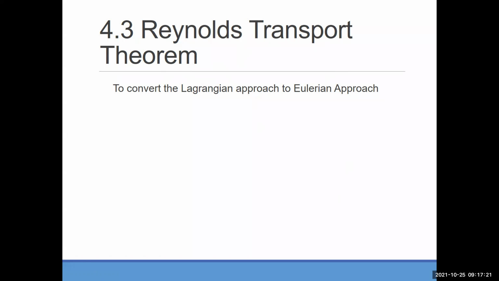Before I write down any mathematical expression, let's discuss the concept of this Reynolds transport theorem. What I will do is use the same example of this room, with inflow and outflow, and all of you will act like a fluid particle. We have 15 people, so 15 fluid particles.